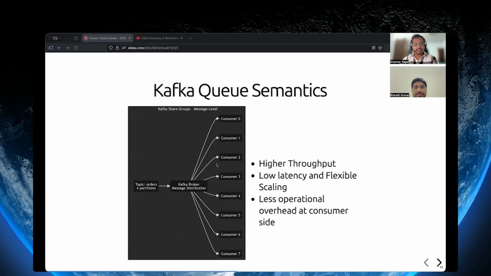Even the load balancing is handled by the broker side automatically. So the client-side operational cost is reduced, the throughput is higher, and since we are able to process events as quickly as possible, the overall system latency is low.